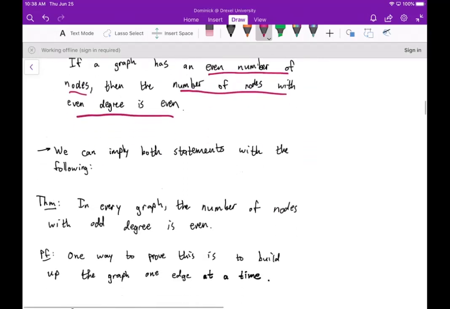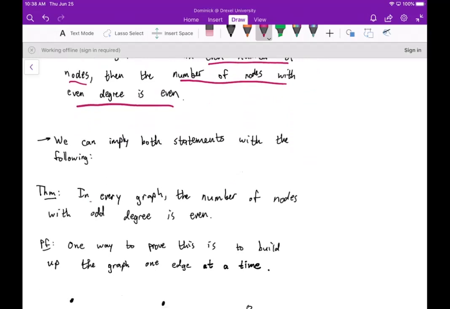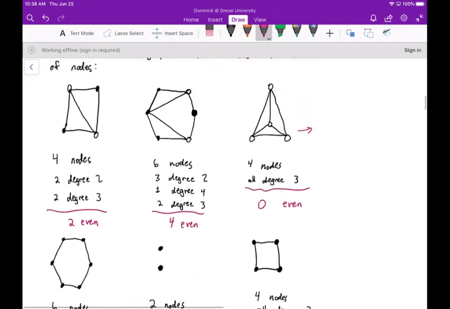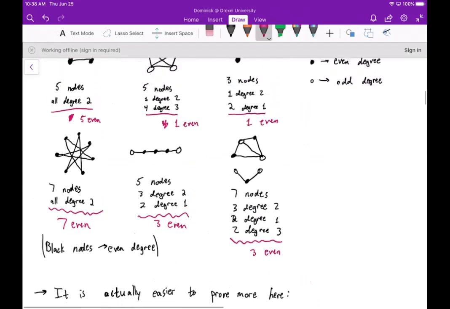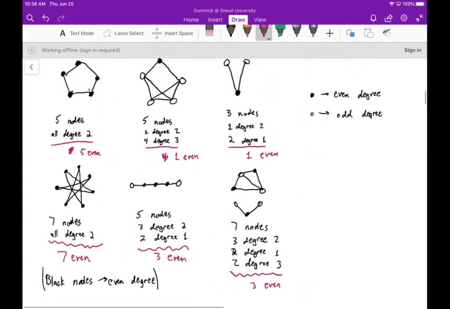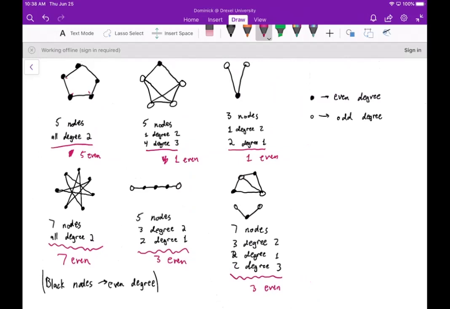Okay. So it looks like we can formulate the following. We can say that in every graph, the number of nodes with odd degree is even, right? So if we go back and we look at our odd degree ones, we come back here, it looks like they're all even, right? Because now this would indicate that we have 0 odd. This would mean that we have 4 odd.